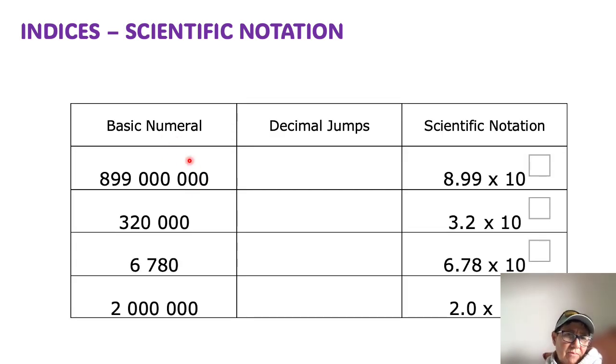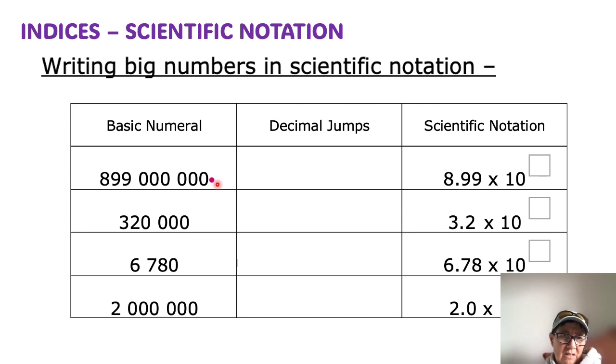Here I've got a really long number. It's a big number. I don't want to write it like that. I want to write it in a simple form. So I'm going to put a decimal place right here, because that's where the decimal would be, and I want to move that decimal to here.